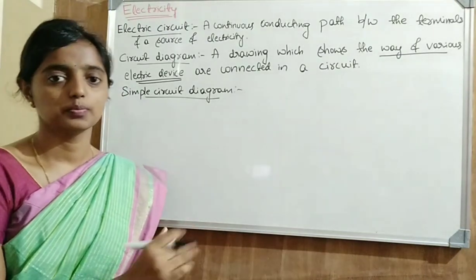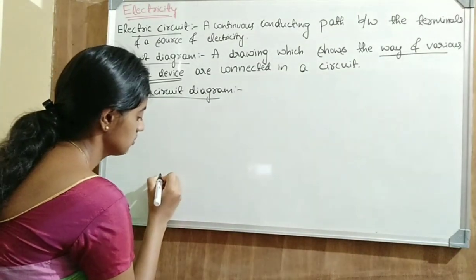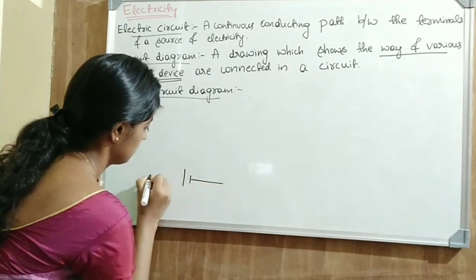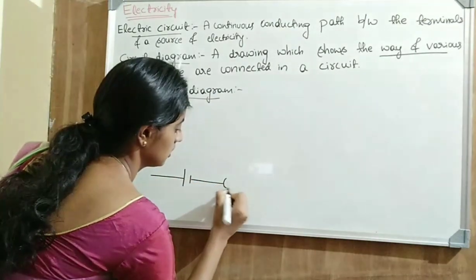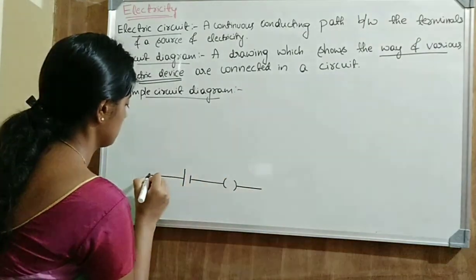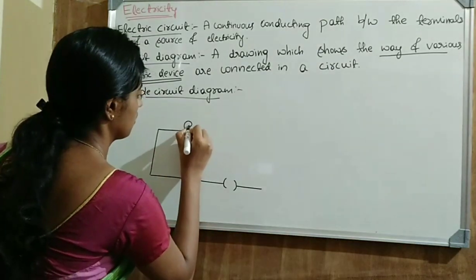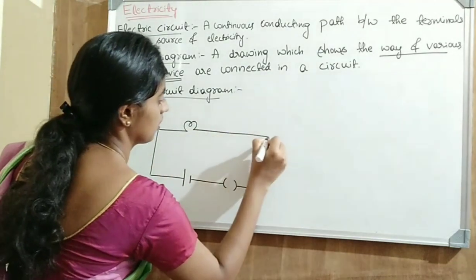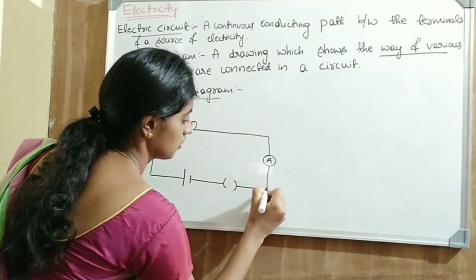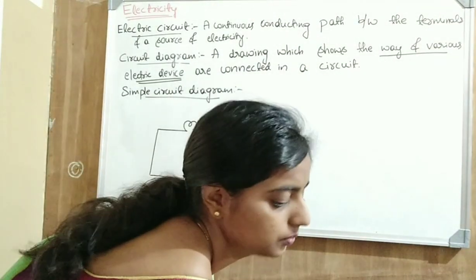Let's see a simple circuit diagram. First we have cell. This cell is connected to plug key. Just observe the diagram.